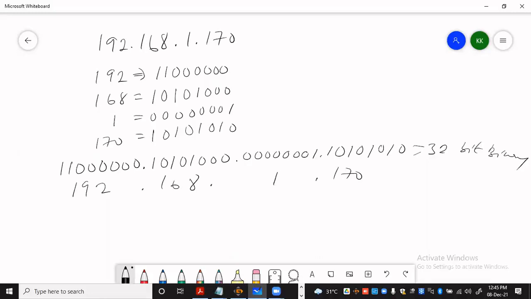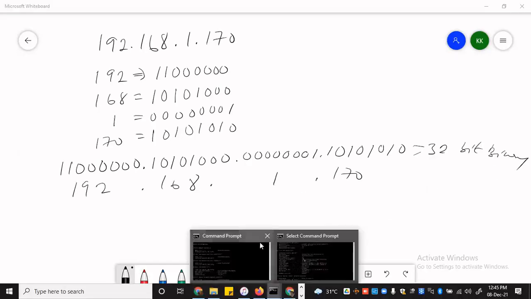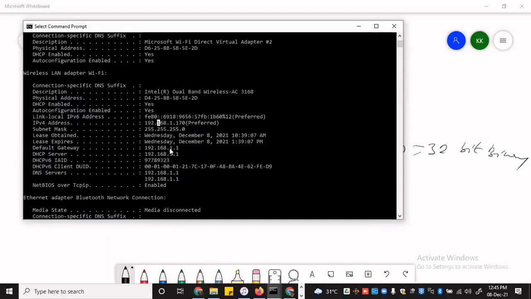The network part of an IP address is basically determined by the subnet mask. If you look at my computer, for instance, the network part is 192.168.1. So the network part for a class C takes up the first 3 octets, and the node part is just the last octet, because it's a class C IP address.